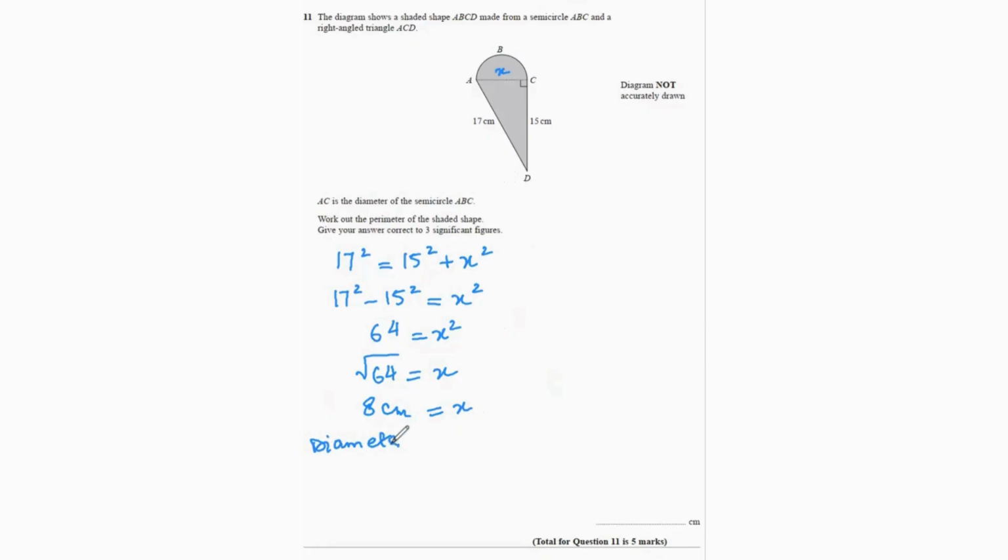So X is AC, hypotenuse is 17. 17 squared equals 15 squared plus X squared. 17 squared minus 15 squared equals X squared. That's 64. And we know square root of 64 is going to give us 8 centimeters. So diameter is 8. Radius is going to be half of 8, which is 4 centimeters.